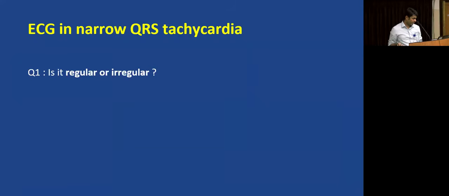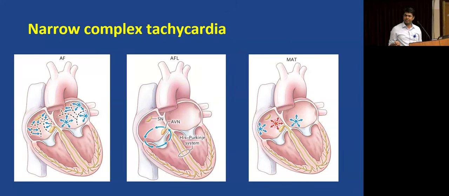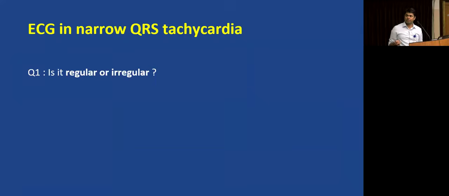Okay. So when you encounter a tachycardia with a narrow QRS, the first question you ask is whether it is regular or irregular, for the simple reason that these three tachycardias are regular, whereas this and this, and sometimes this as well, are irregular tachycardias. If you are dealing with a regular tachycardia, you are likely dealing with AVNRT, ORT, or AT. Atrial flutter can also produce a regular tachycardia, most of the time actually.